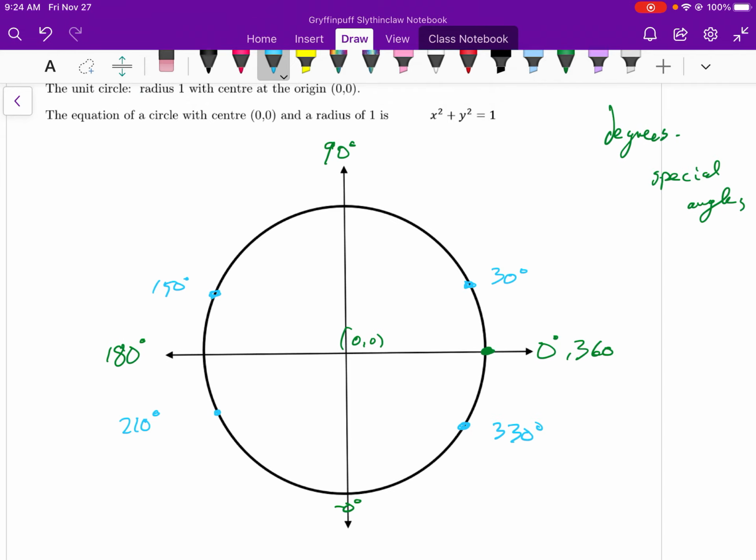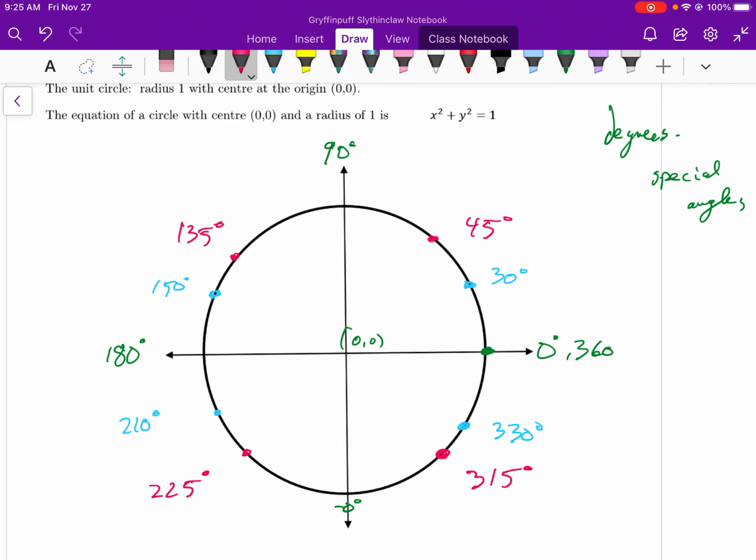Here, I'm going to put in my next special angle family. It's the 45-degree angle family, so that's 45. This is 135. This is 225. Over here now, this is going to be 315 degrees.